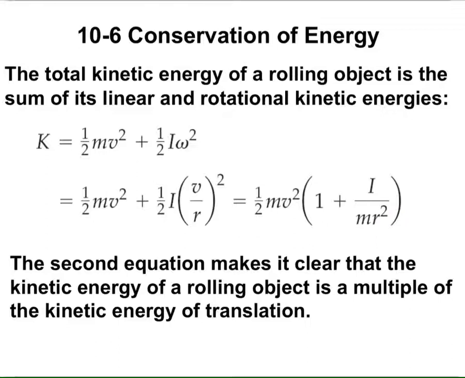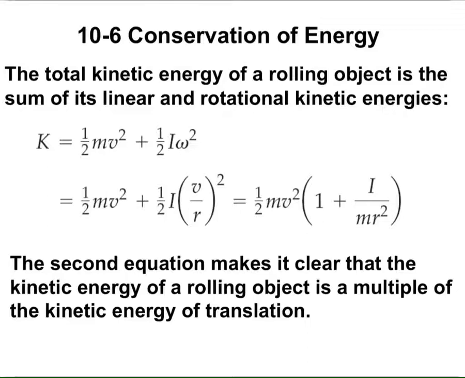Okay? So the total kinetic energy for a rotating object is not just 1/2 mv square, but it is 1/2 mv square times (1 plus this quantity). This will make a difference when you are dealing with objects rolling on the surface of an inclined plane.